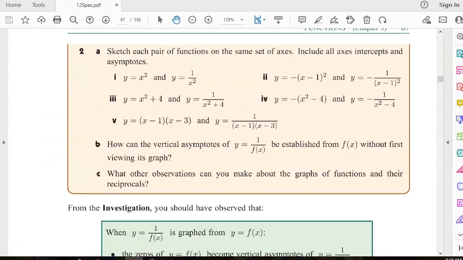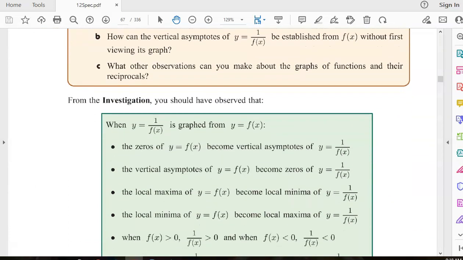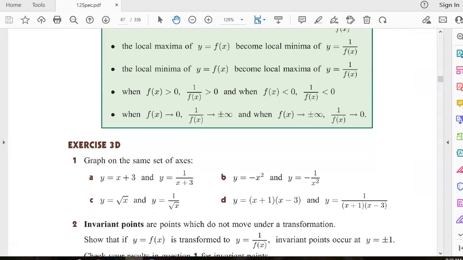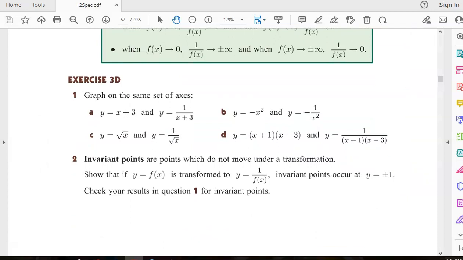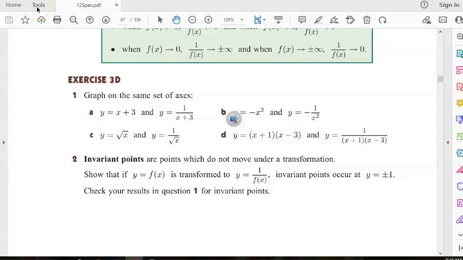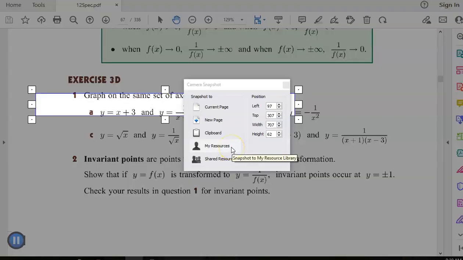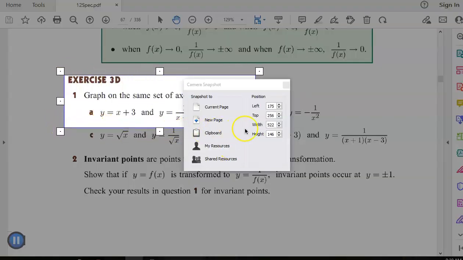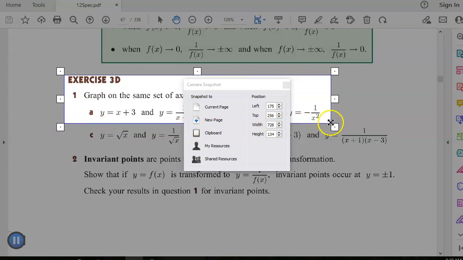Righty-ho. Let's have a look-see. I think, shall we do these on the same set of axes? Oh, yeah, why not? So let's have a look at 3D. And yes, I skipped a little bit of stuff there because you're going to see it's actually quite nice.